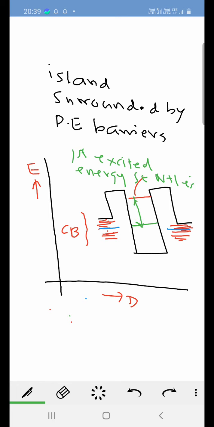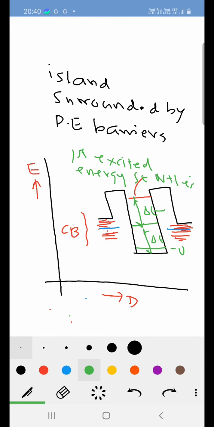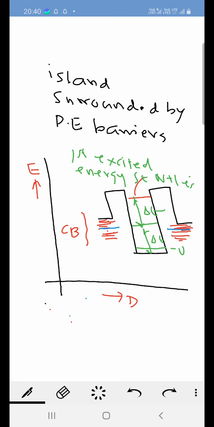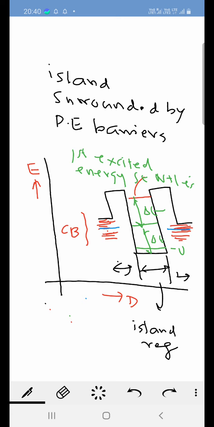This is your delta E, and this is also delta E. This one is U, and this one corresponds to the well region, whereas these regions correspond to the barrier region.